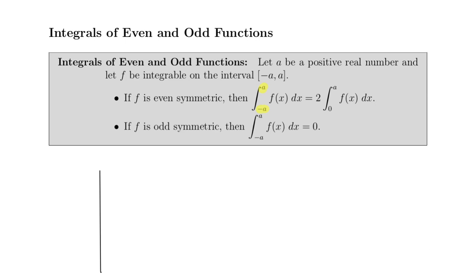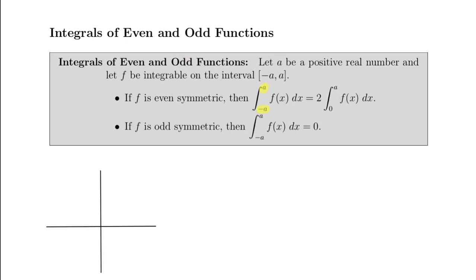then let's just take a look at our even symmetric function. I'll grab a parabola because it's going to be a nice easy one to draw. But you could draw any even symmetric function here. And if you look at the integral from negative a up to a, then hopefully we can see that these two red regions are equal to each other, right? They're going to have the same size.